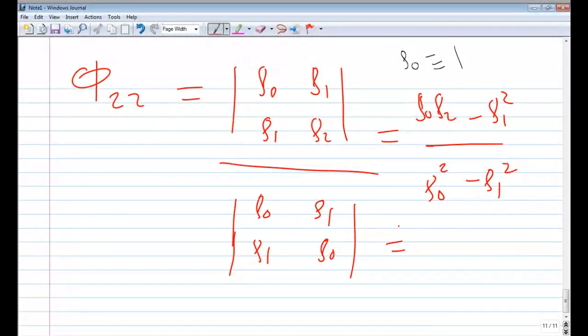So row 0 is equal to 1. The numerator now is going to be equal to row 2 minus row 1 squared, divided by 1 minus row 1 squared. So if you want to calculate the partial autocorrelation function at lag 2, you have to calculate phi 22, which is equal to row 2 minus row 1 squared divided by 1 minus row 1 squared.